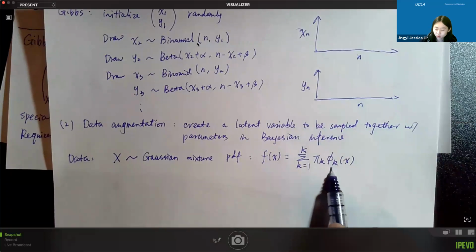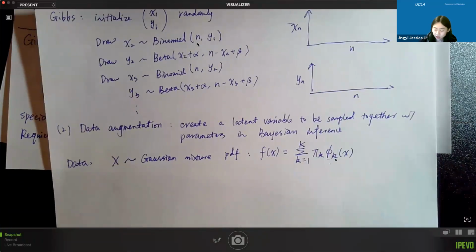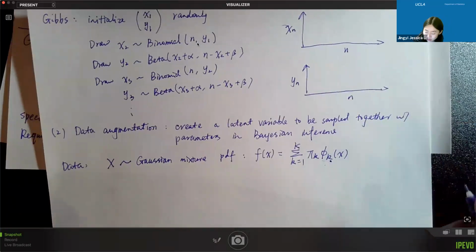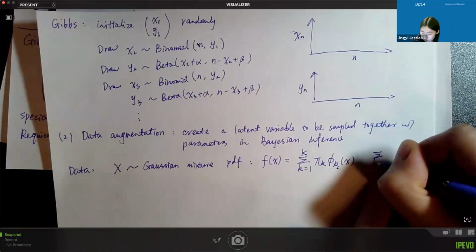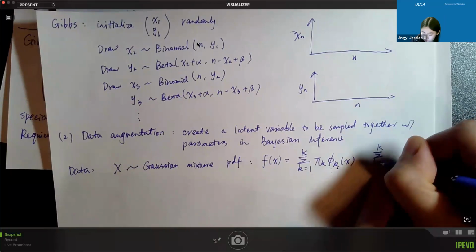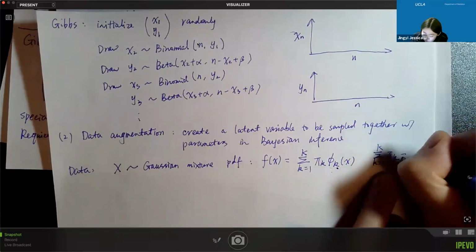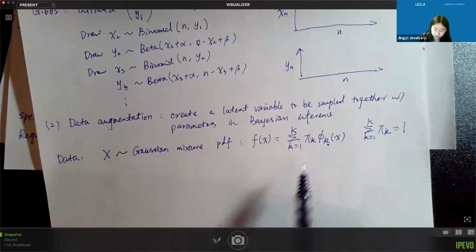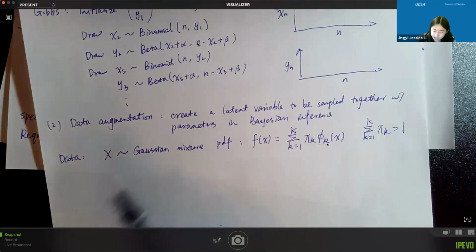Each component here is one Gaussian distribution density and we add them up using the weights. And here, of course, the weights must sum up to 1. Okay, that's a valid Gaussian mixture model. And our data comes from this density. And this is the data generation.